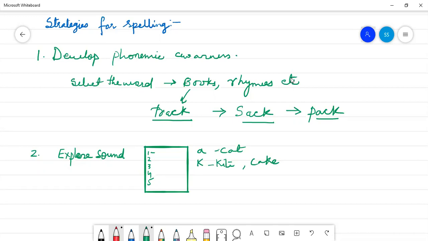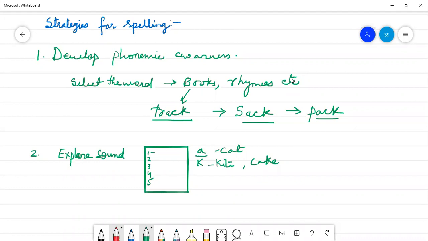So you mean to say the sound of A in the first position, in the middle position, or at the end position? No, it is not about the position. It is just exploring the sound. Like for example, cat. If you have selected the two letters A and K, then where the A comes, here also you see K, but here you have a K as well.